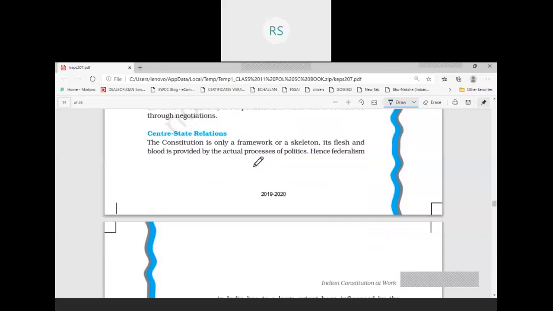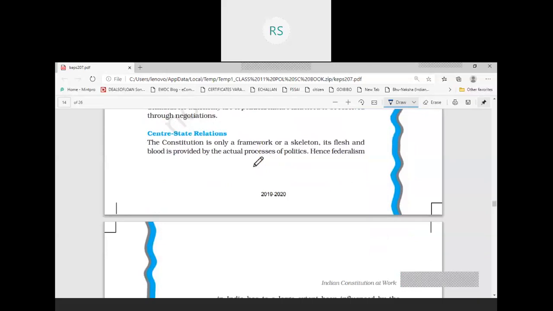Center-state relation. We have discussed this also earlier that the constitution makes provision for a federal structure. The constitution makes provision for a democratic government, but the constitutional provision is not everything.